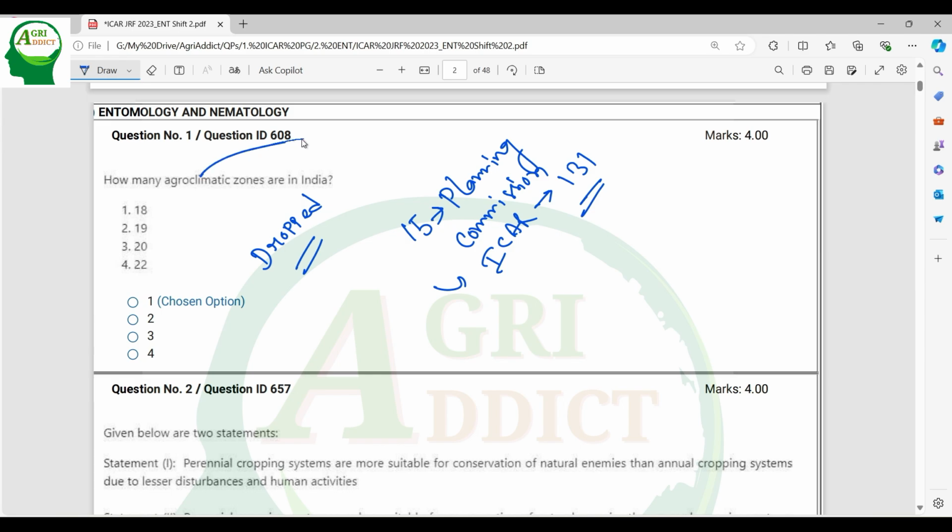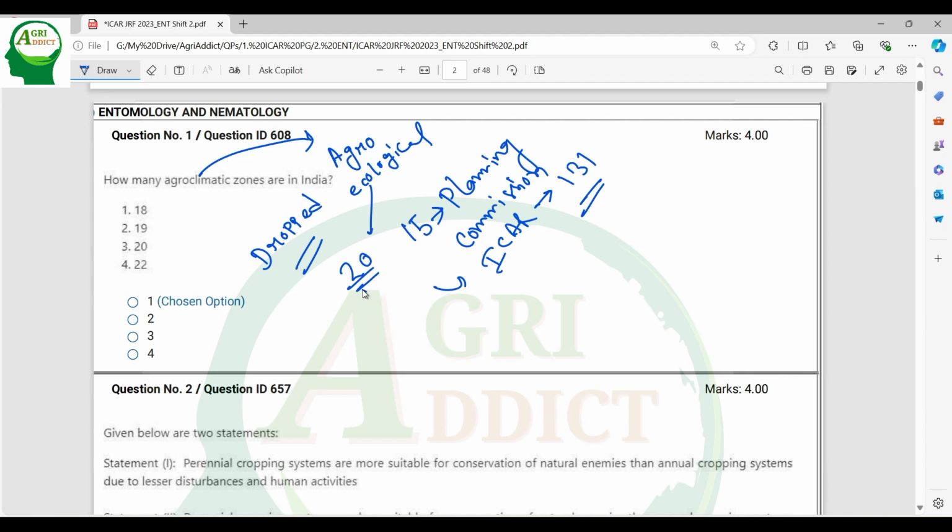If it is given as agroecological zone in the question paper, then it should be 20.